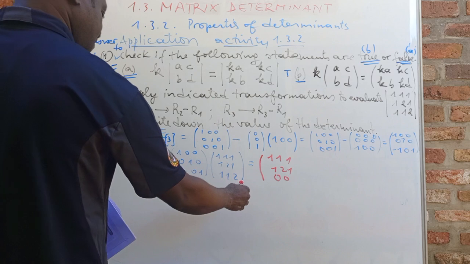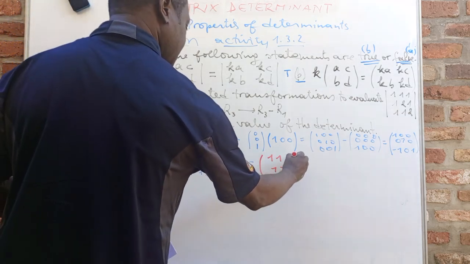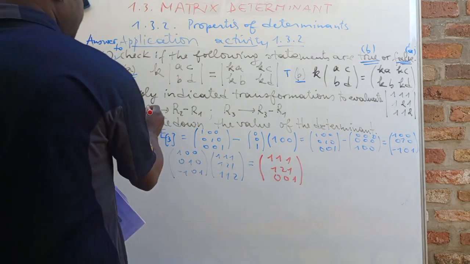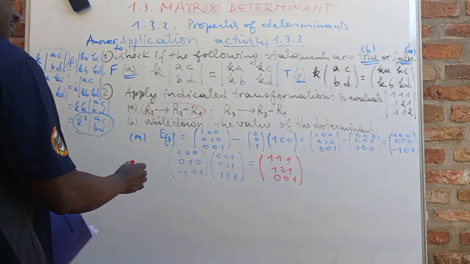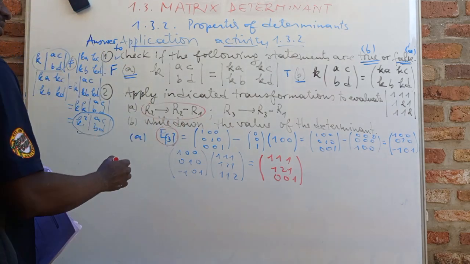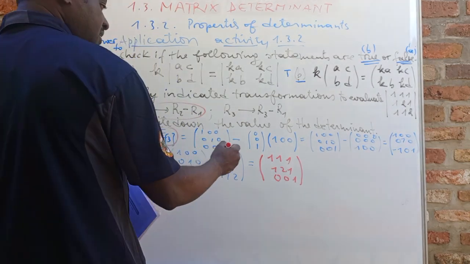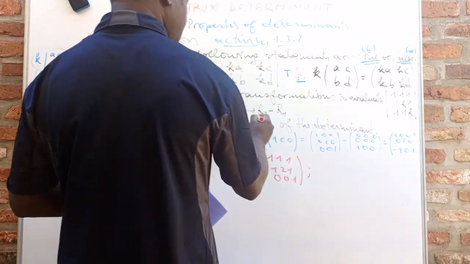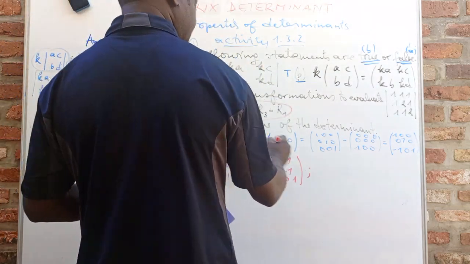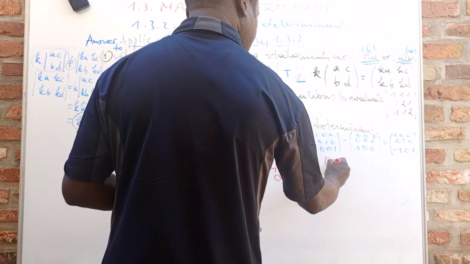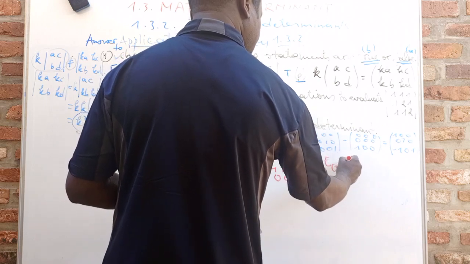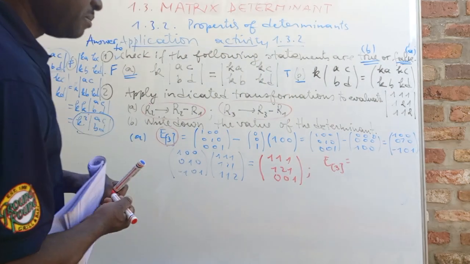And then we have 1. So after the first transformation, second, because we have this matrix for transformation, second transformation, we are going to have again an elementary matrix of type 3.